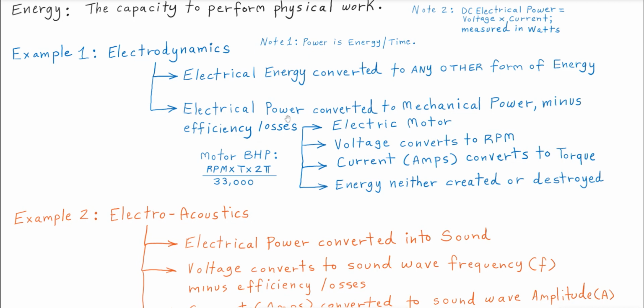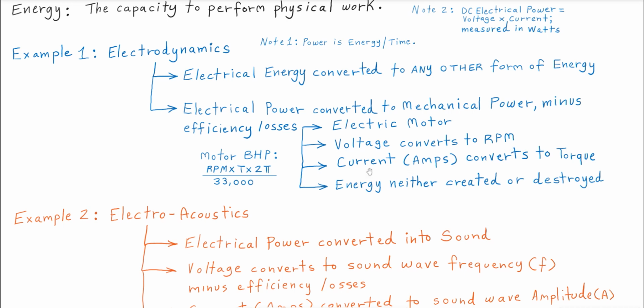The electrical power goes in, minus efficiency losses, and then the mechanical power comes out. And so the voltage that goes into that electric motor converts to the RPM in the motor. So it's quote unquote like an electrical velocity is the voltage.